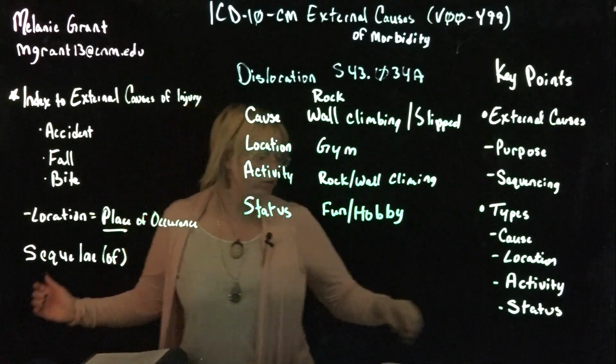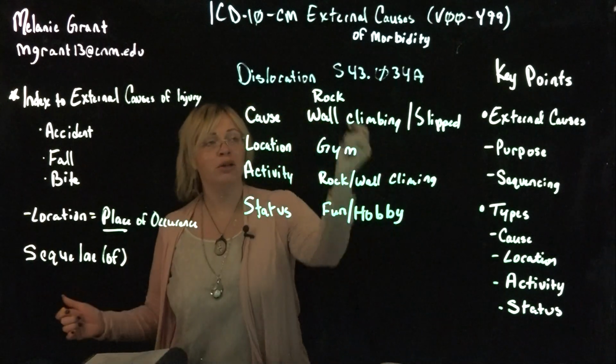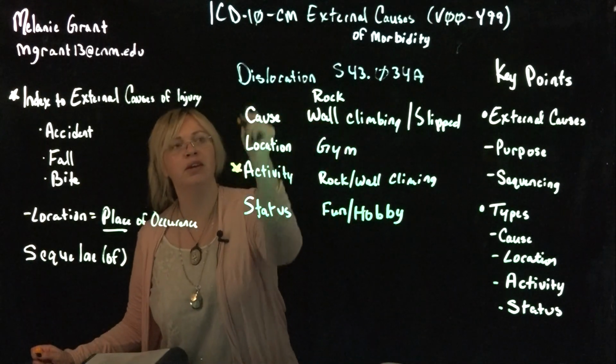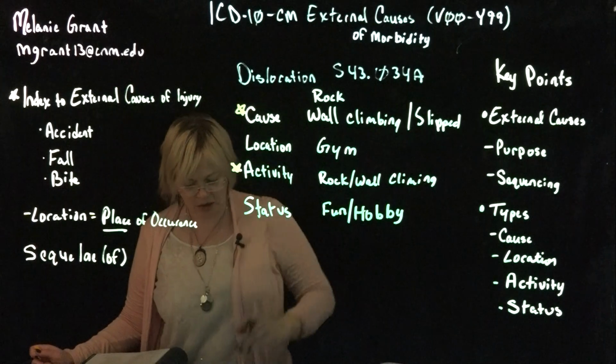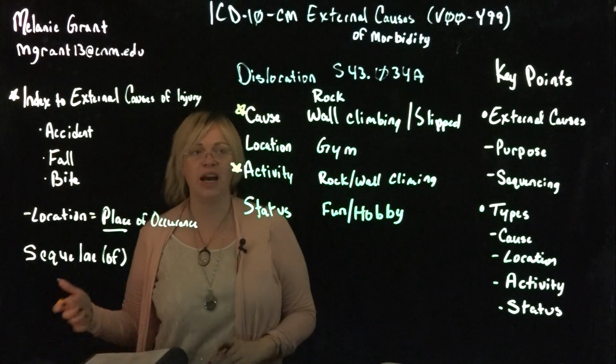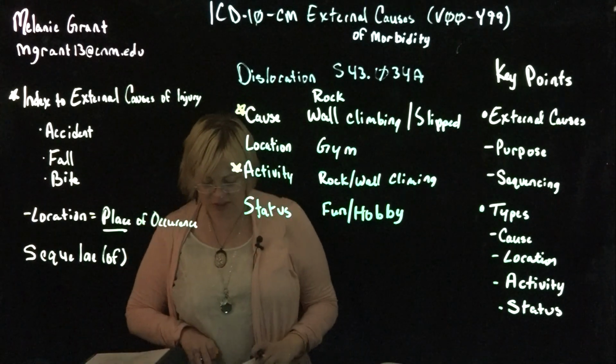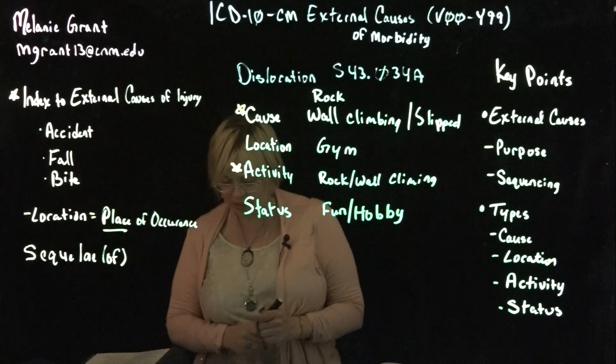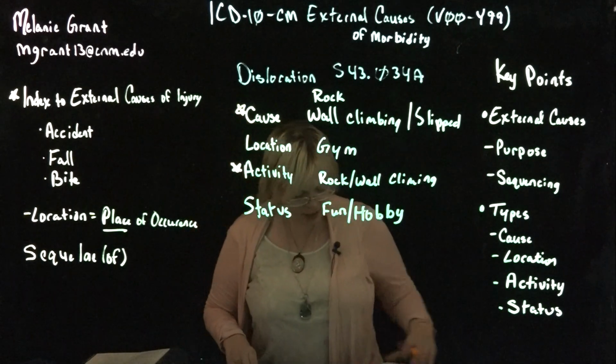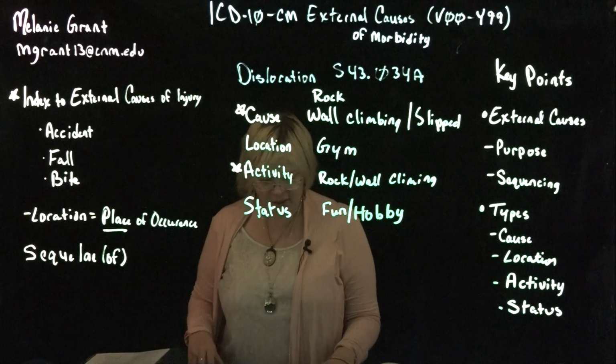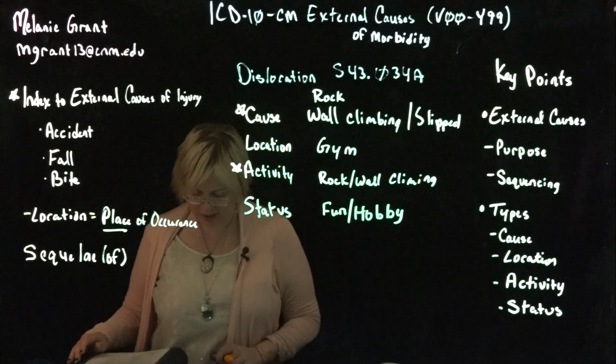So what that just told me is that rock climbing, and you notice how we wrote it in both areas, is considered from Y93 as cause and intent if the cause of the accident is the activity. Okay, so we're going to go ahead and list that, say yes, okay, that makes sense.